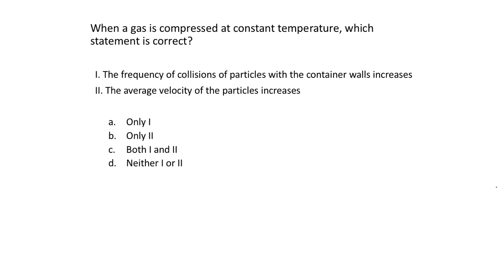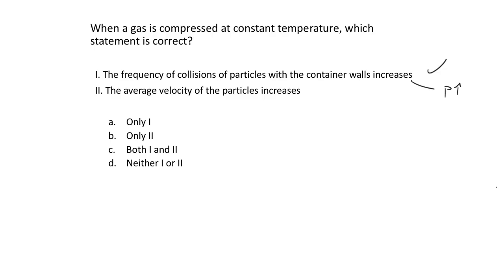Well, if we decrease the volume and keep the particle count the same, we're having double as many collisions with the walls. That's going to have the walls experiencing a greater force, therefore a higher pressure. And so this is what it means to have a higher pressure: to have more collisions with the container walls. So statement one would be the correct statement for increasing collisions, because we've decreased the volume.